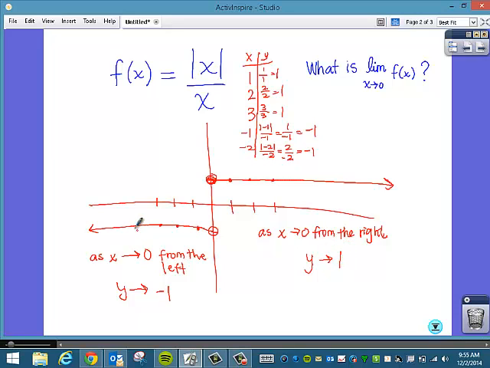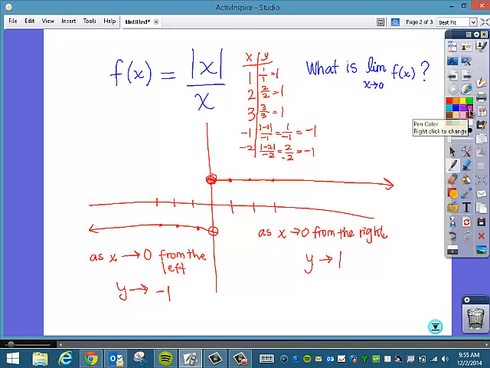So from the left, y is approaching negative 1. From the right, y is approaching positive 1. So when the limit from the left is not equal to the limit from the right, here's your big idea.